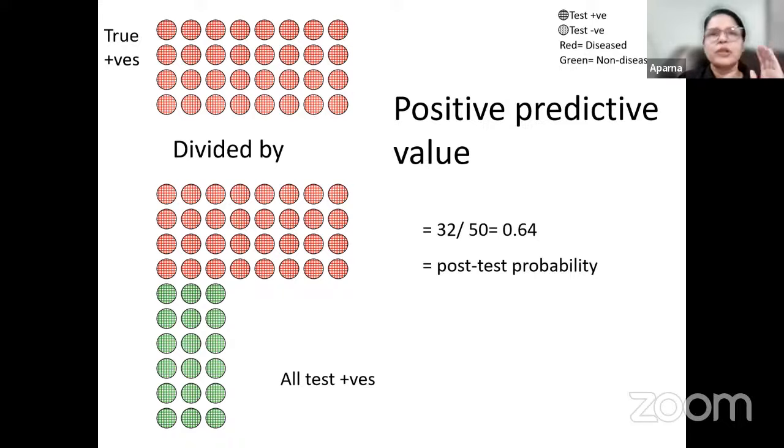So when you are talking about a new diagnostic test, and when we say sensitivity and specificity, the denominator of these two terms is actually the true positives and true negatives. But as a clinician, you actually do not know which baby is truly positive and which baby is truly negative. And that is the reason you are doing a diagnostic test.